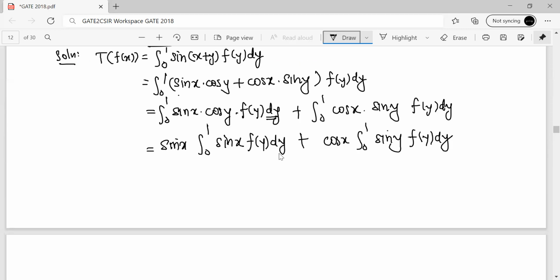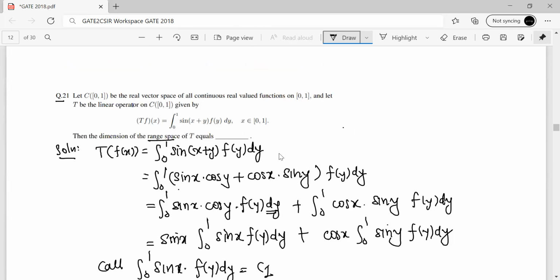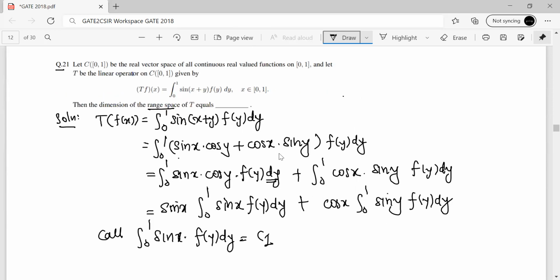Now I take the liberty to call the first integral some c1, because f is continuous and I know that all continuous functions are integrable, and cos y is also continuous, so basically this integral will be finite and that will give me some value, so I can call that value c1.